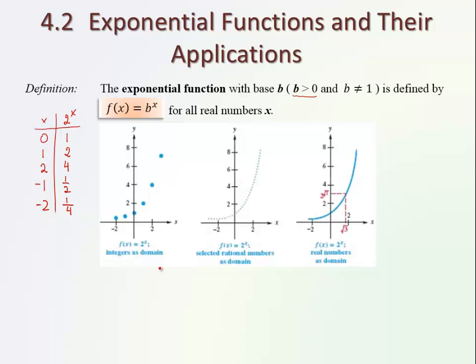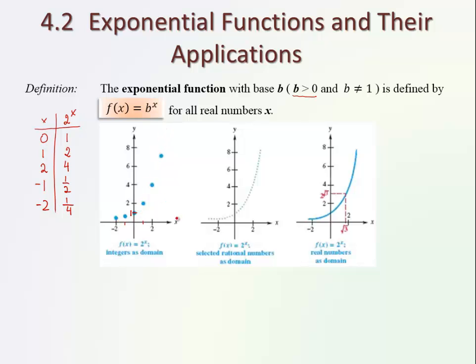And we can plot those points. So -2, 1/4, -1, 1/2, 0, 1, that's the number 1. At 1, we have 2. At 2, 4, and so on. So we can check some points, and they will give us this pattern of increasing values.